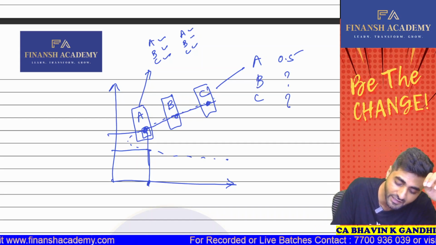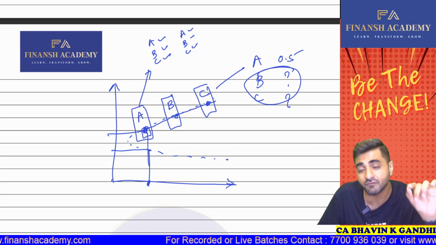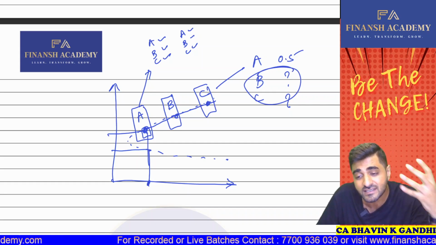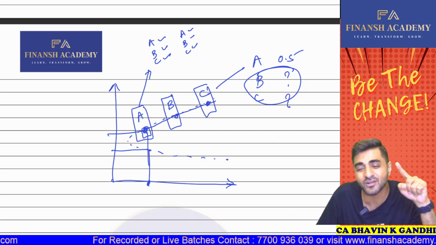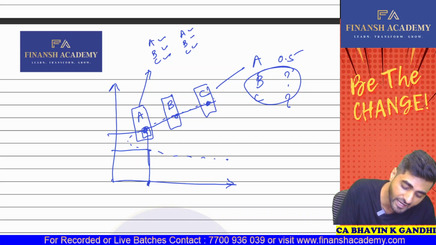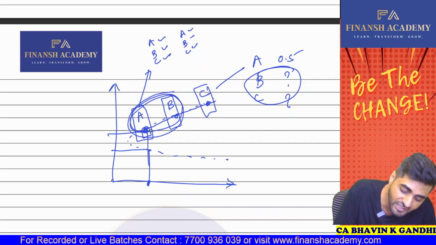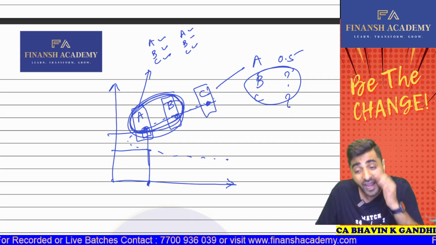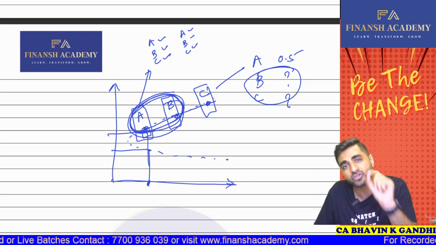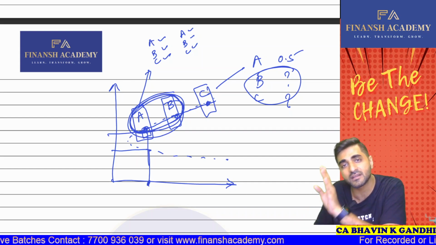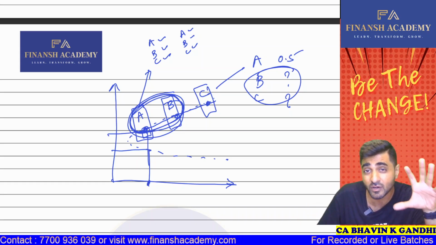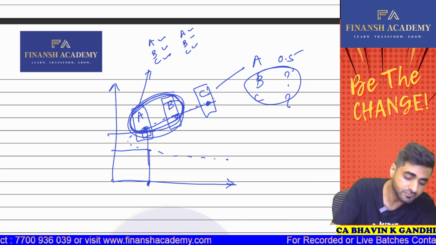So how should we determine the weights of security B and security C in portfolio C in such a way that it is on the efficient frontier? For this, we need to take the help of the relationship between A and B and develop an equation which helps us identify what the weights for security B and security C should be in the third portfolio. This is something you are going to learn in this concept.